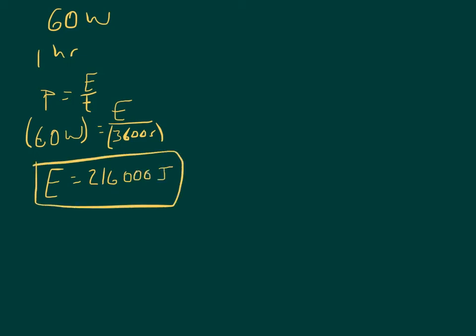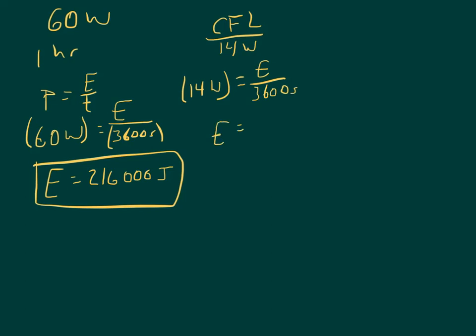for 1 hour. Now let's compare that to a compact fluorescent bulb, a CFL. For the same amount of light, you only need about a 14 watt bulb. So now we have 14 watts equals energy over 3,600 seconds. And our energy output now is 50,400 joules.